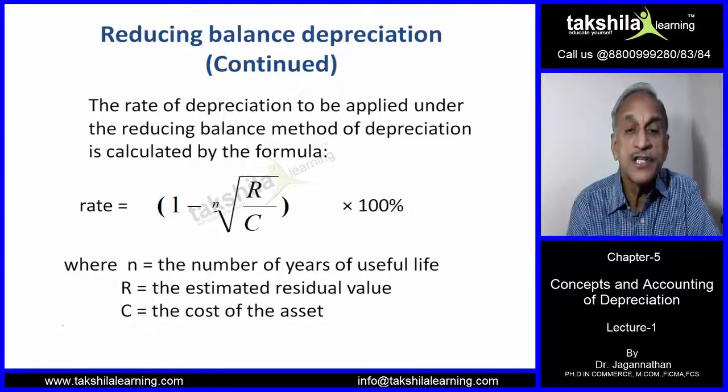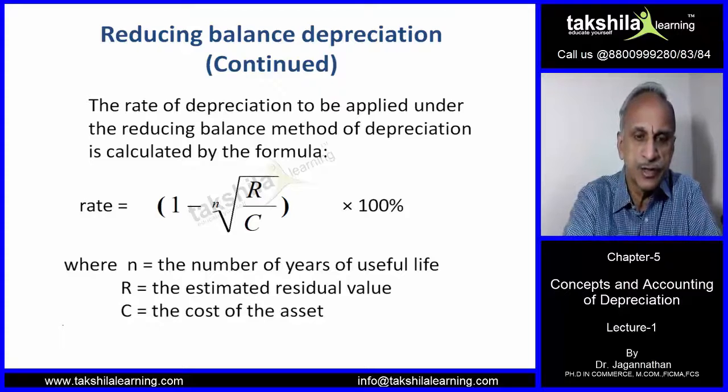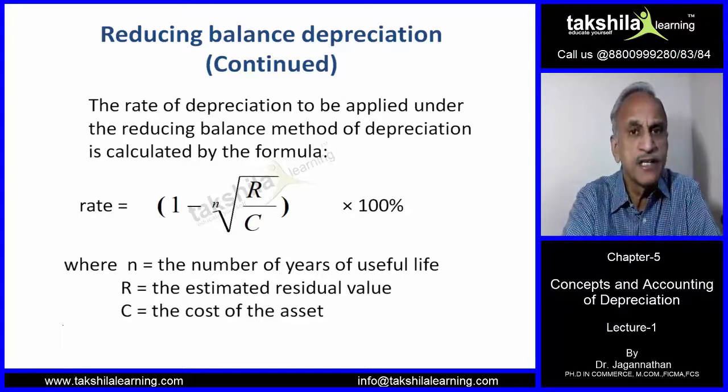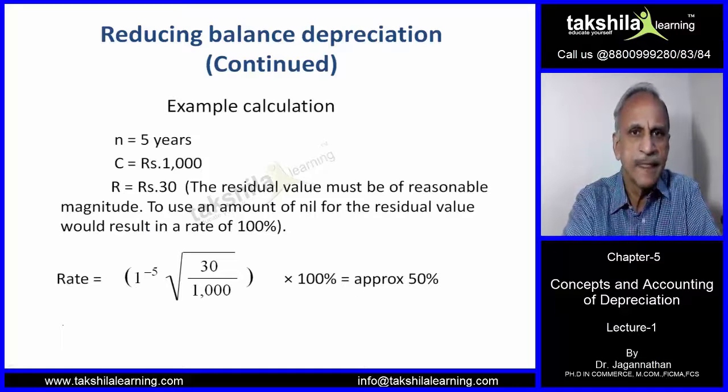Then the estimated residual value over the cost of the asset. 1 minus this, multiplied by 100, will give you a fixed rate of depreciation. Right? I'm again repeating, you need not learn calculating this unless of course you are a student of mathematics and statistics, which you can easily understand. In normal questions of accounting, the accountant is given the rate which is already calculated.